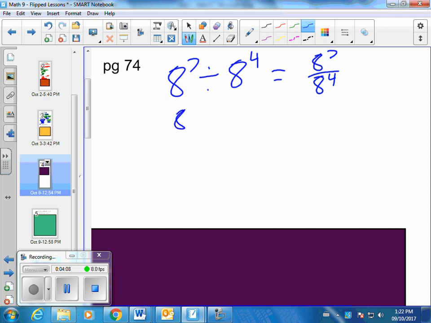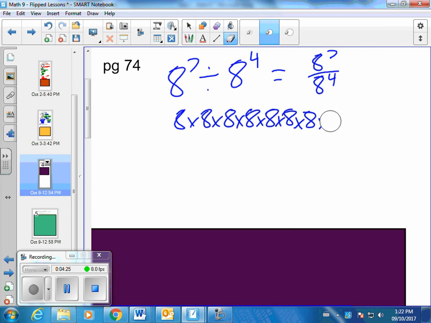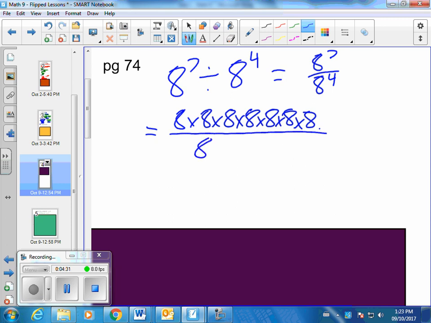So we're going to rewrite this out into its repeated multiplication form: 8 to the 7th over 8 to the 4th.